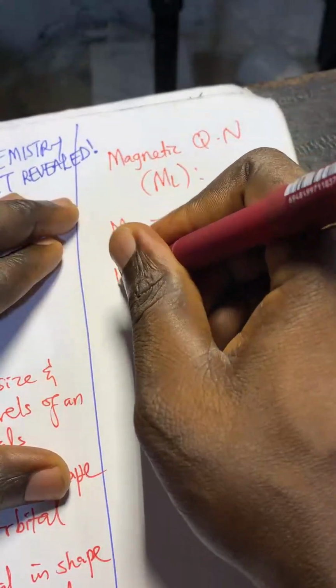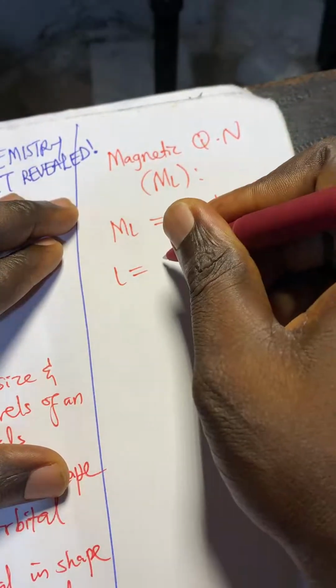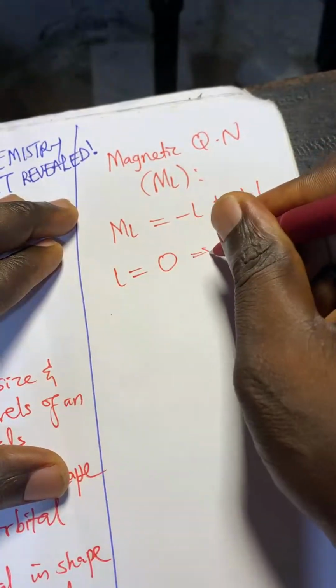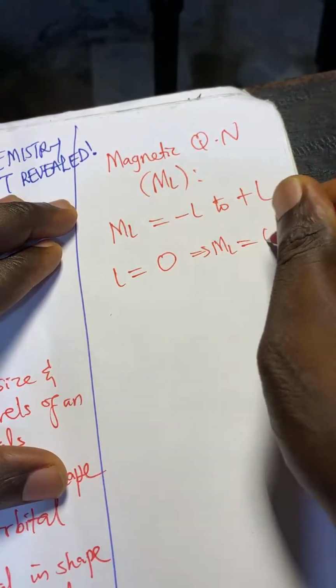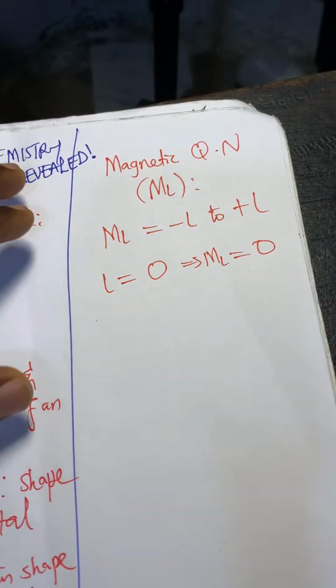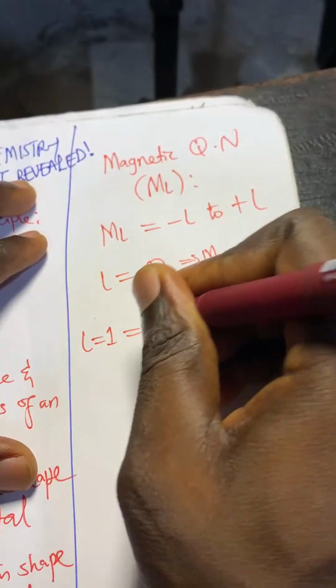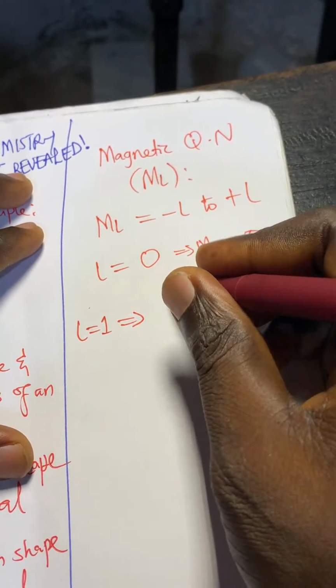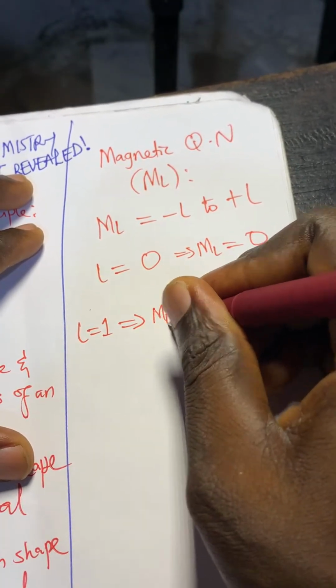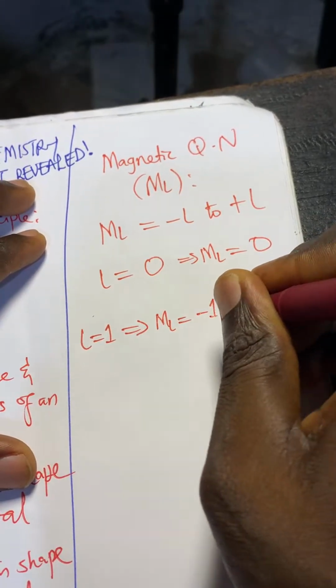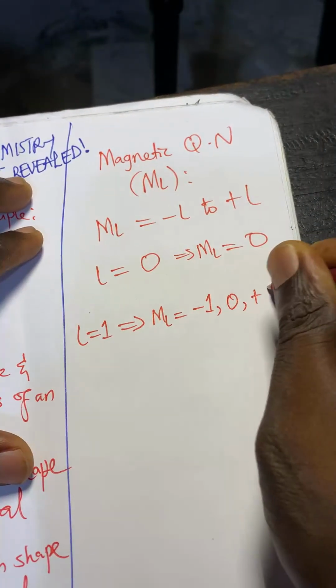That is why, for instance, if the azimuthal is 0, this implies that your ml will also be 0, because there is nothing like minus 0 to 0. But if the azimuthal is 1, your ml will now be minus 1, 0, and plus 1.